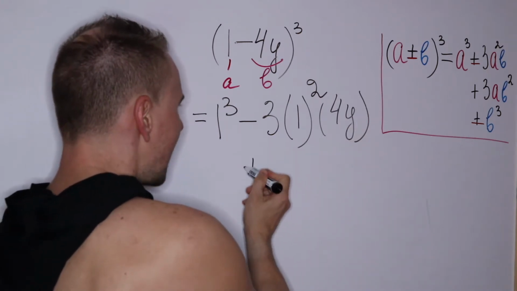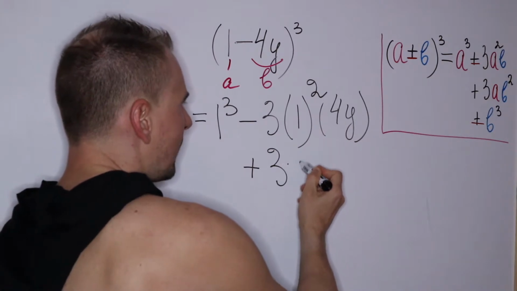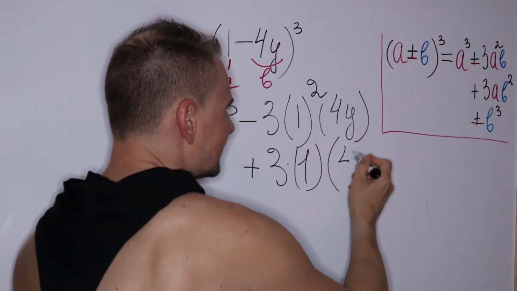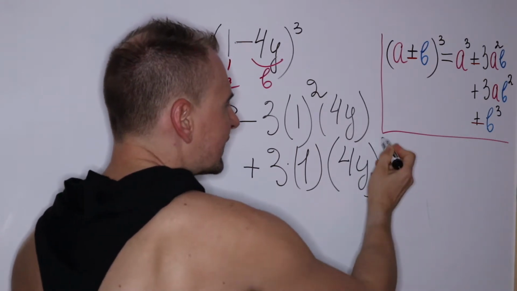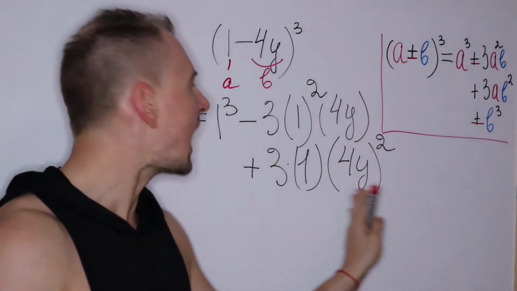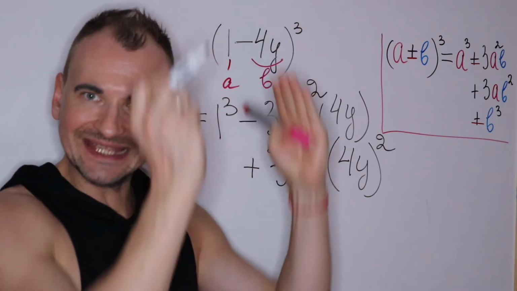The next term comes positive: plus 3 multiplied by 1, the first term, and the second term 4y has to be raised to the second power. Notice at this point I enclose this 4y, the second term b, entirely.